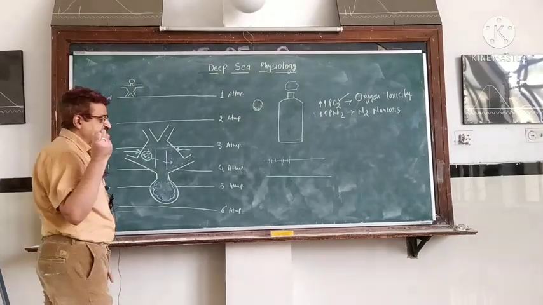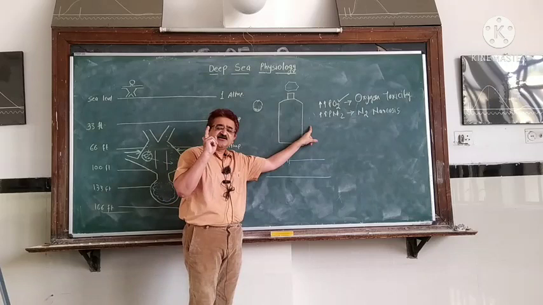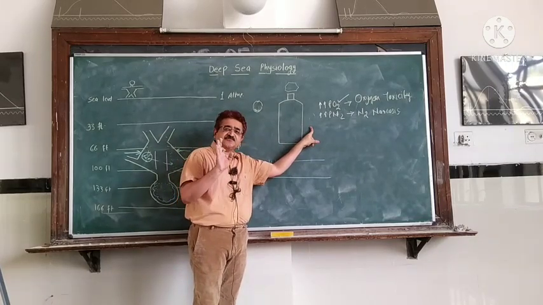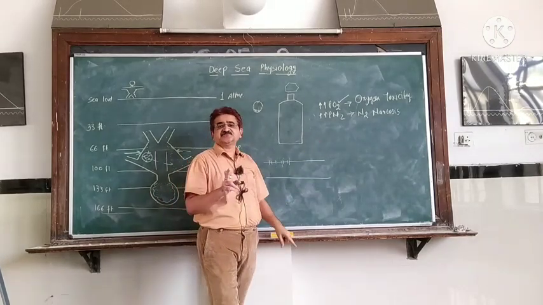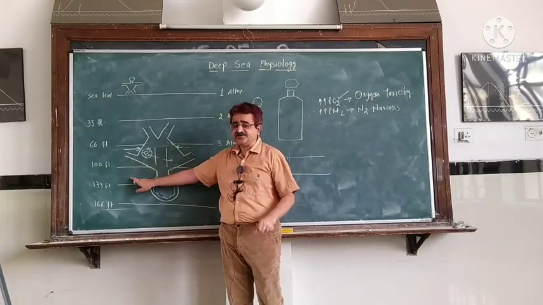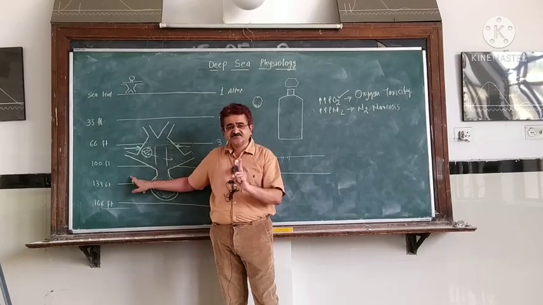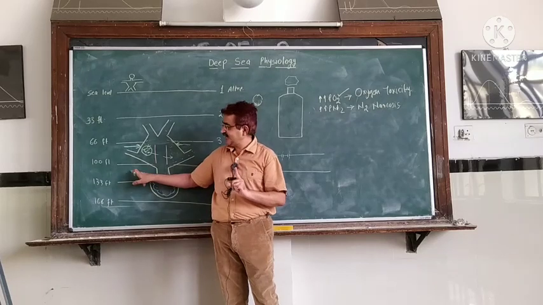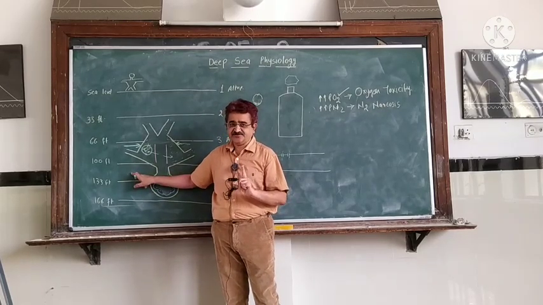So the first sign of nitrogen narcosis is that the person becomes jovial, euphoria is developed, he becomes careless about the environment, and this happens at the depth of 100 to 120 feet. So at what depth is the first sign and symptom of nitrogen narcosis developing? At the depth of 100 to 120 feet.